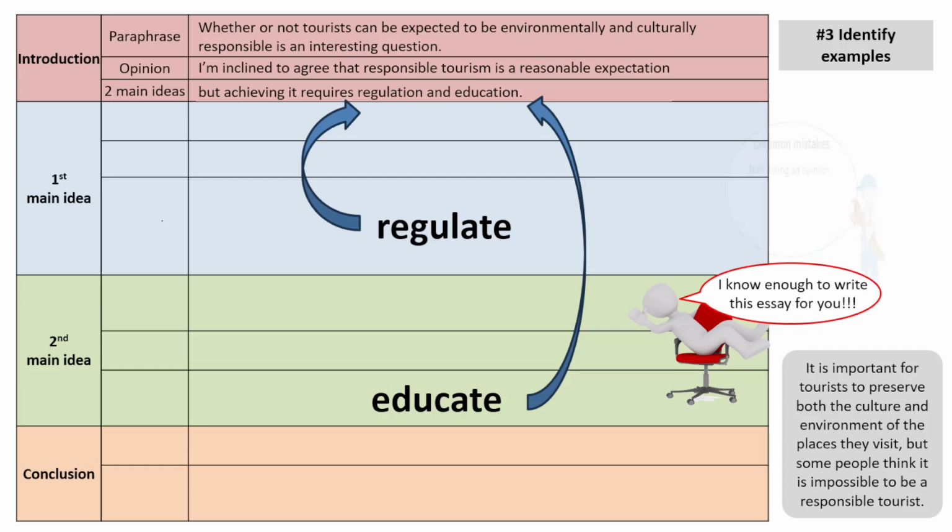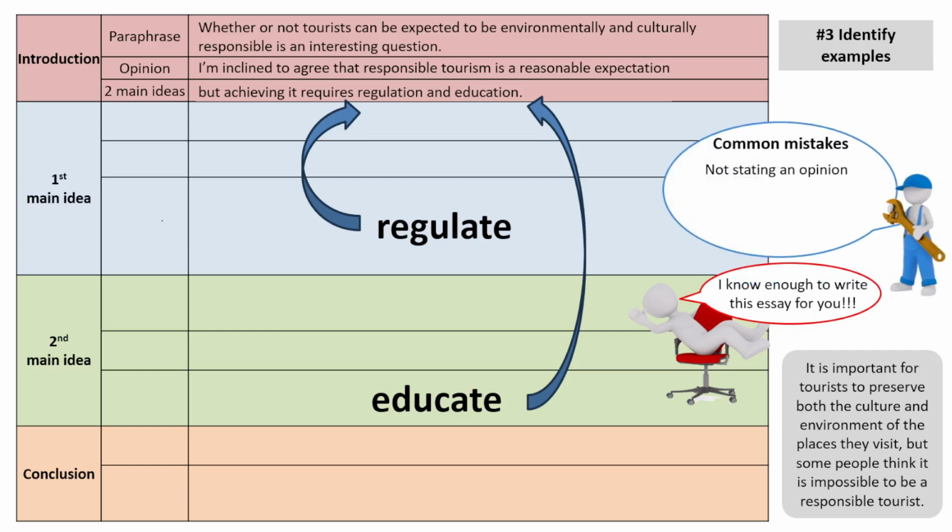And some of the most common mistakes that test takers make here with their introductions include not stating an opinion, not providing those main ideas, and providing ideas for both sides. And it's really important that you decide whether you agree or disagree, and then choose two main ideas that support either your agreement or your disagreement, but not both.